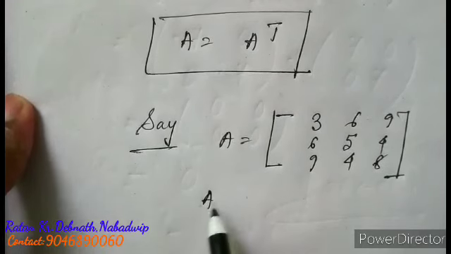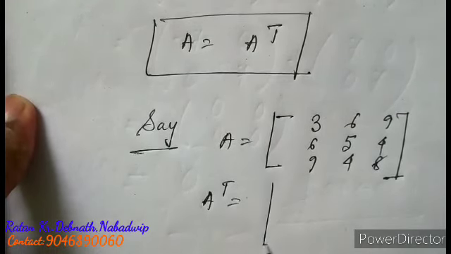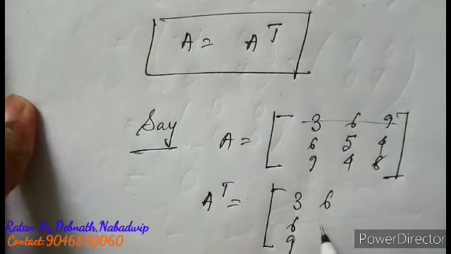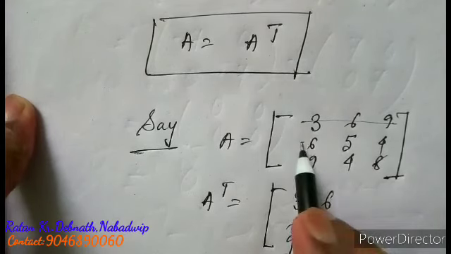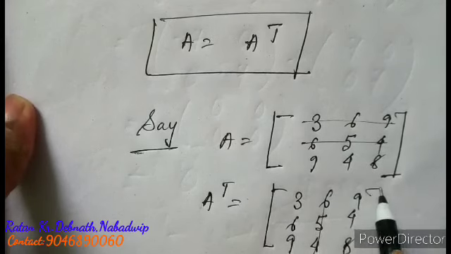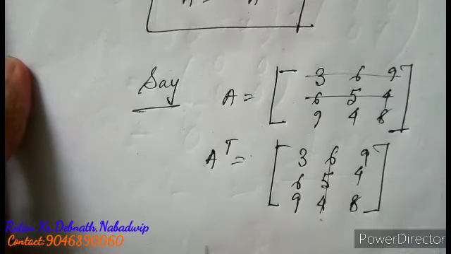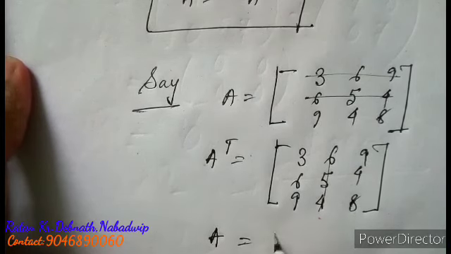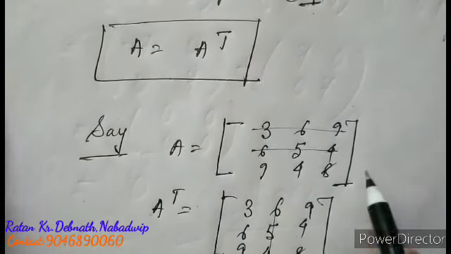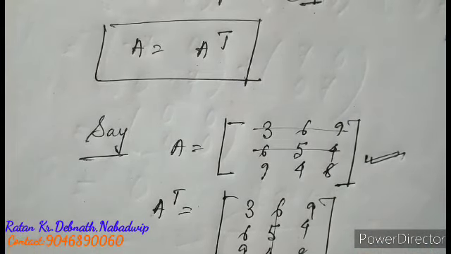Now A transpose equal to, this row turns into column, 3, 6, 9, 6, 5, 4, 9, 4, 8. In this case also A equal to A transpose. Therefore, the original matrix A is a symmetric matrix. You can write down other examples you want.